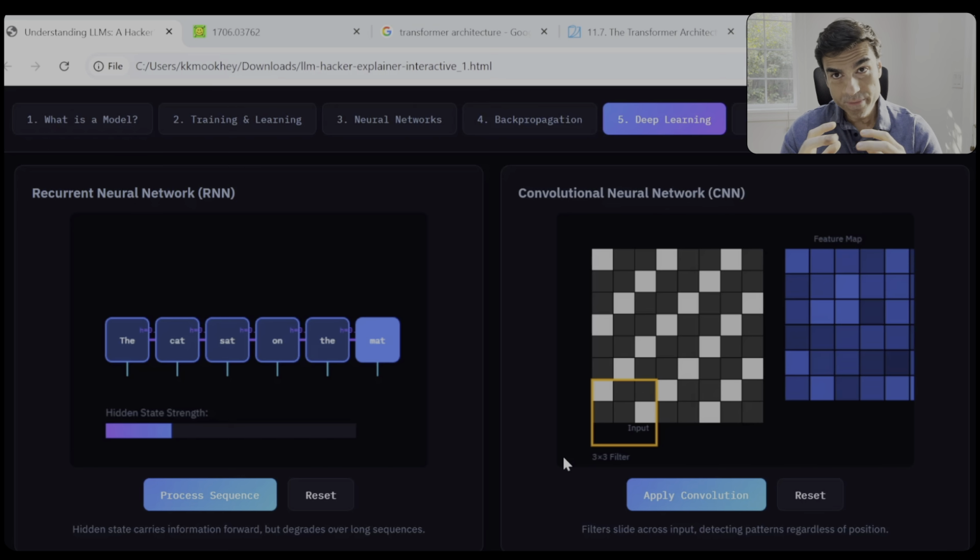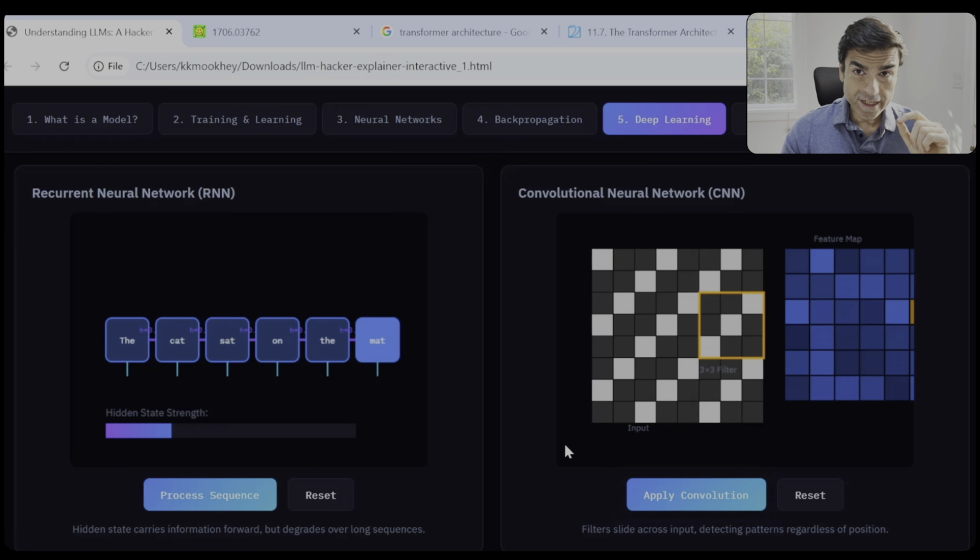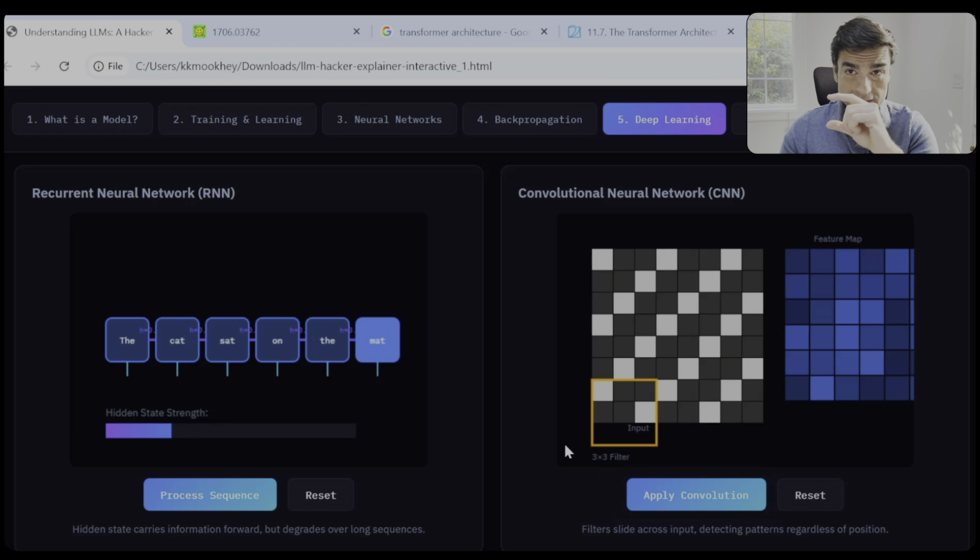For analyzing images, CNNs, convolutional neural networks, prove to be extremely effective. Convolutional neural networks slide a small filter across the entire bitmap of the image. And this proved so effective for images that people also tried to apply it to text, but it failed. Imagine a sentence like this: the cat that sat on the mat, which was near the window, was sleeping.